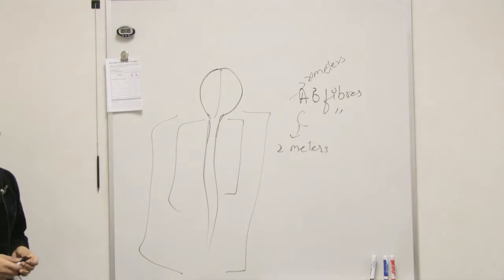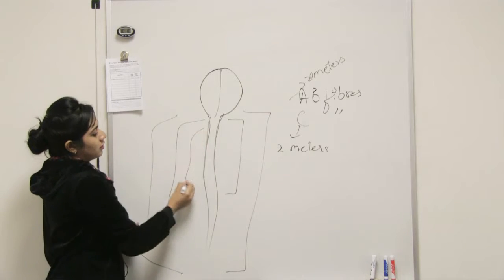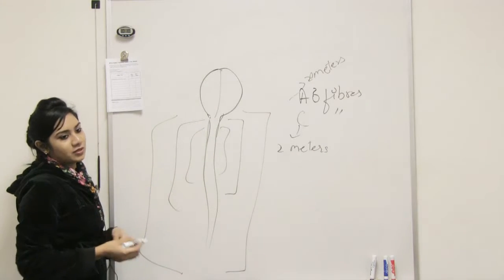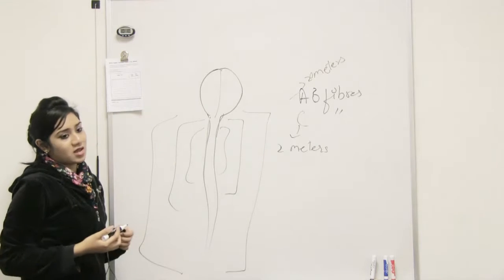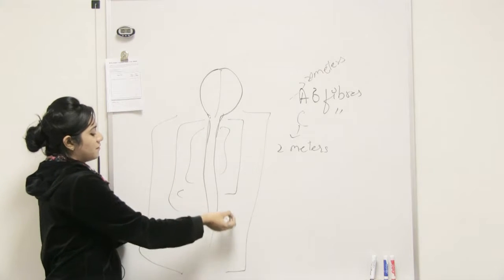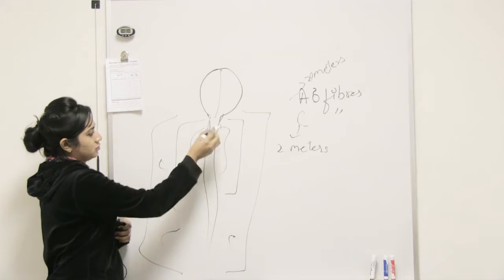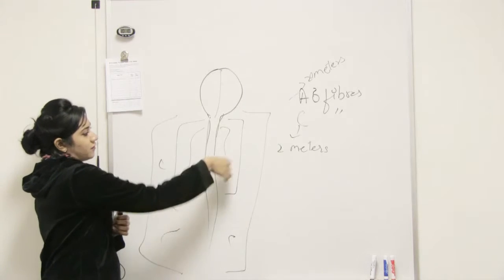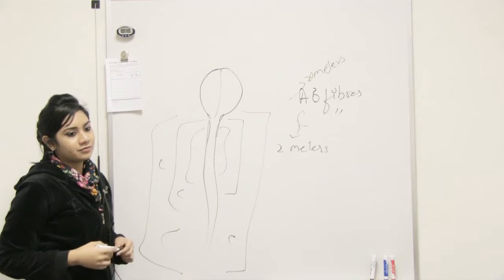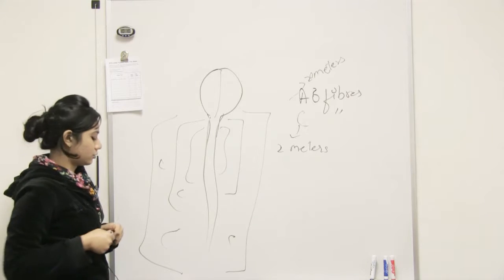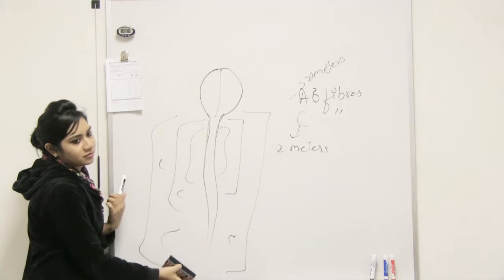Okay. But in this part, A delta fibers will be present. Most of the impulses from here will be carried by the A delta fibers, and there are some C fibers here and here. But most of this part is A delta fibers. Okay. Does that make sense? Cool. This is what transmission is.